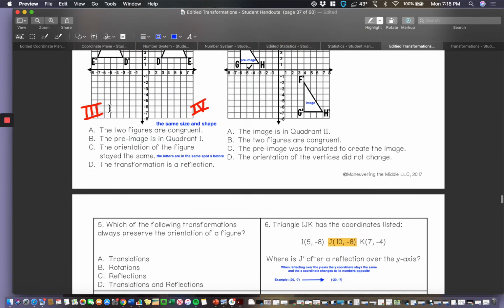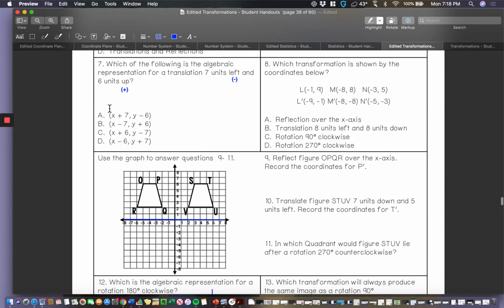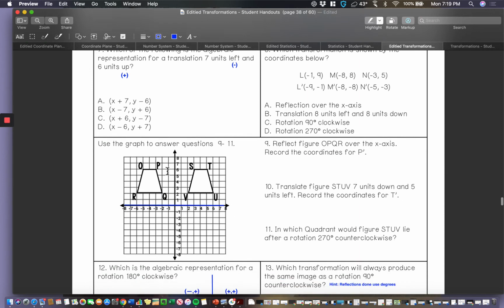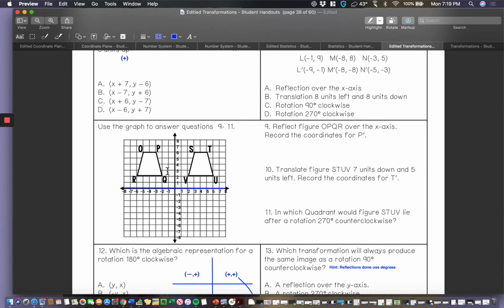Alright. So again, number 11 is, in which quadrant would figure STUV lie after a rotation of 270 degrees counterclockwise? So again, we're going 1, 2, 3, so you're going to end up right here. Sorry.